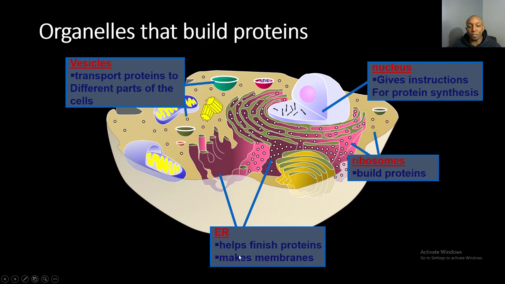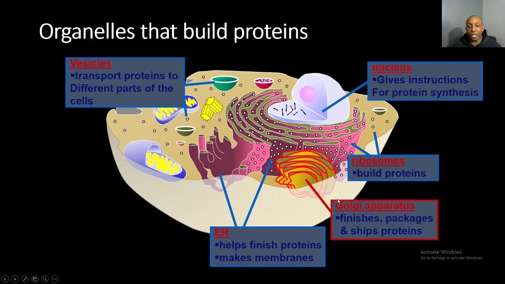And then the smooth endoplasmic reticulum uses proteins to make membranes. And then we move on to our Golgi apparatus, and our Golgi apparatus actually finishes, packages, and ships those proteins. And then those proteins get shipped in vesicles, and they transport proteins to different parts of the cell.